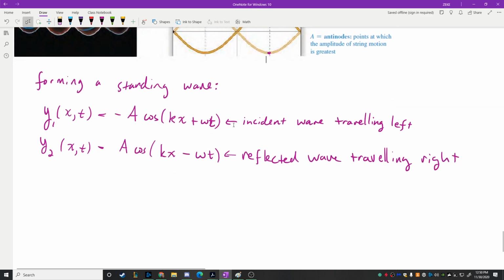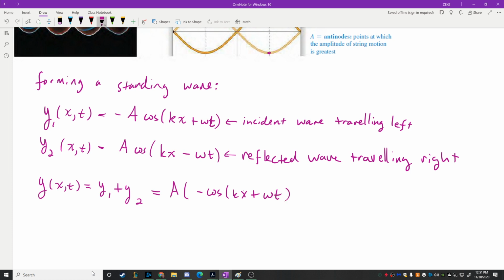Then if I want to combine these two waves together using the superposition principle, we say that y of x and t is going to be the superposition of y1 plus y2. And now that's going to look something like this. It's going to be a times negative cosine of kx plus omega t plus cosine of kx minus omega t.